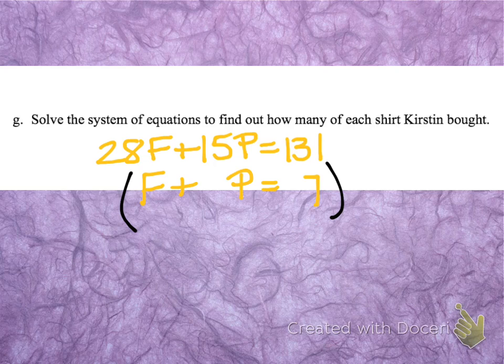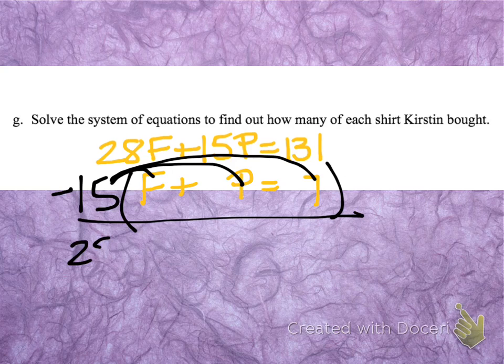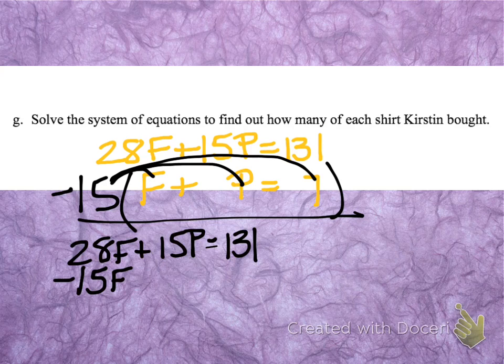So I would multiply by a negative 15. That means we're going to distribute to all 3 of these terms. So our new problem is 28F plus 15P equals 131, and negative 15F minus 15P equals negative 105.